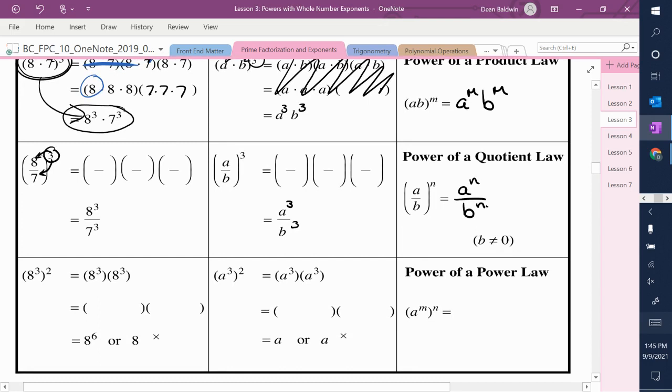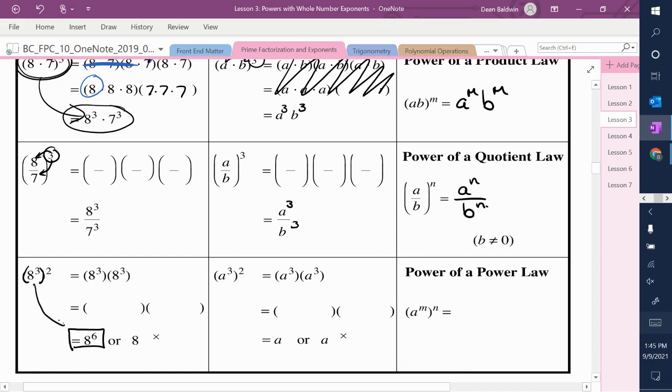And the last rule that you need to know, and I will write the rules on the board, so you don't have to. It's nice if you remember them, and we're going to use them enough that hopefully you do, but I will have them on the board for us, even during tests and quizzes. If you have a term with an exponent raised to another exponent, I'll tell you right now, the answer is 8 to the 6.